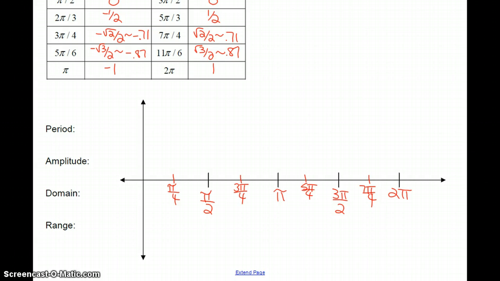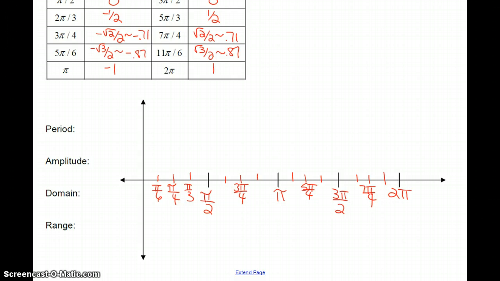And then I know I'm going to graph my pi over 6 and pi over 3. And again, I'm just going to show tick marks for those other 2 points that I'm going to plot.